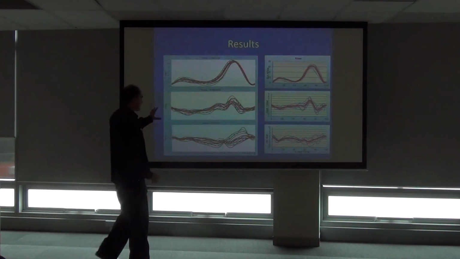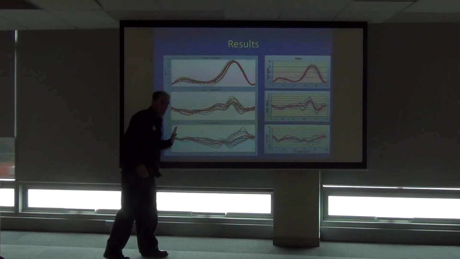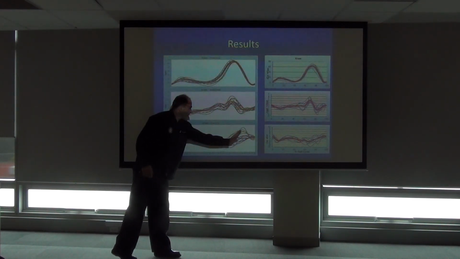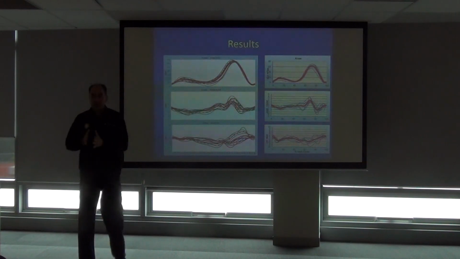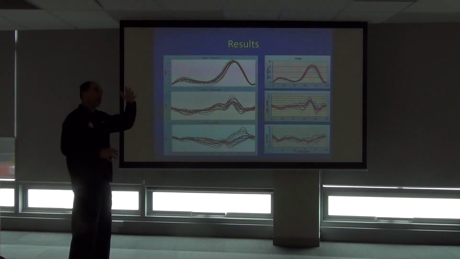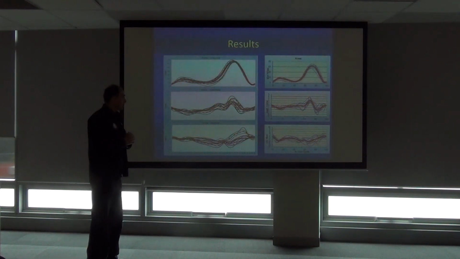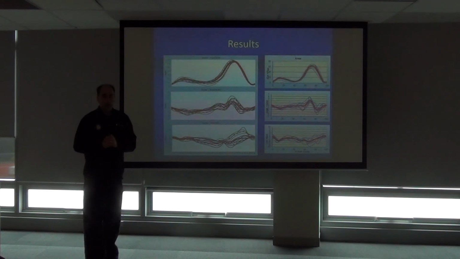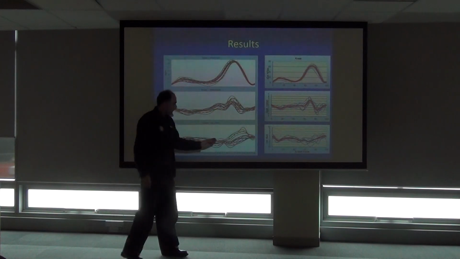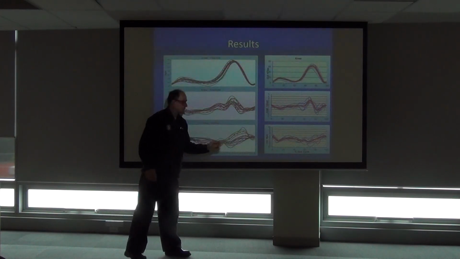But this is what you're talking about here. Within subject, stance, swing. The highest variability, relative variability, if we go back to the results, was in knee external internal rotation. That primarily comes around stance. So this is relative.